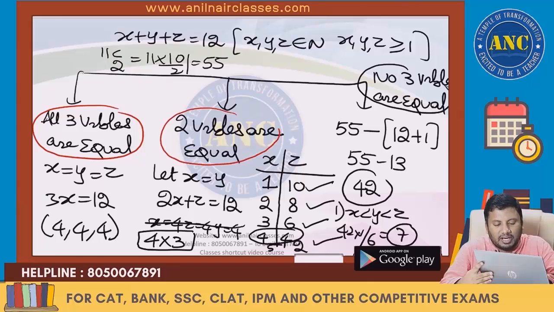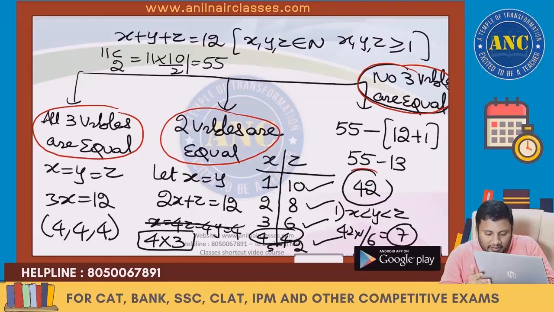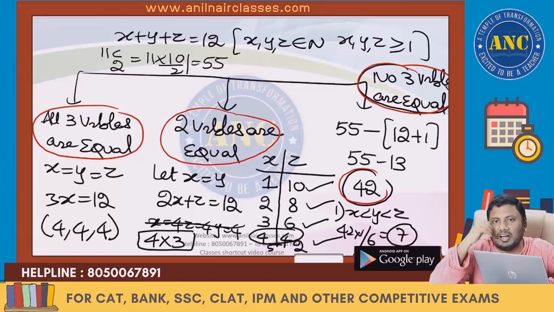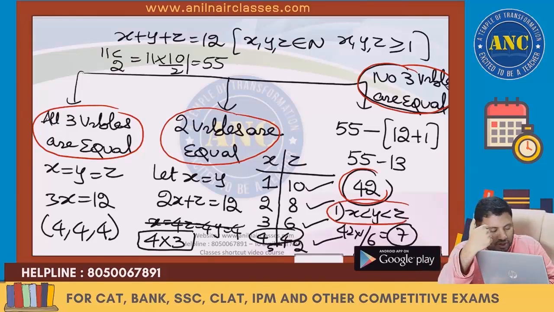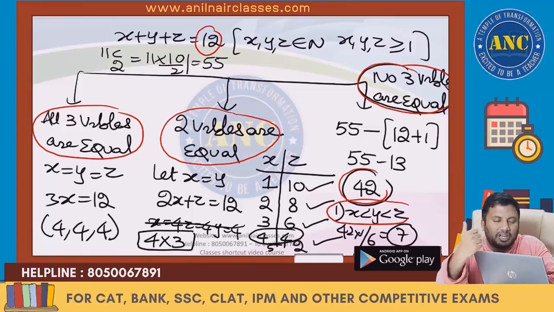No 3 variables equal means x less than y less than z, x less than y greater than z, y less than z less than x, like that 6 cases I will get. Depending upon the question, you use it. I hope it is clear to you. If this is a multiple of 3, what if it is not a multiple of 3? Write down the next question.